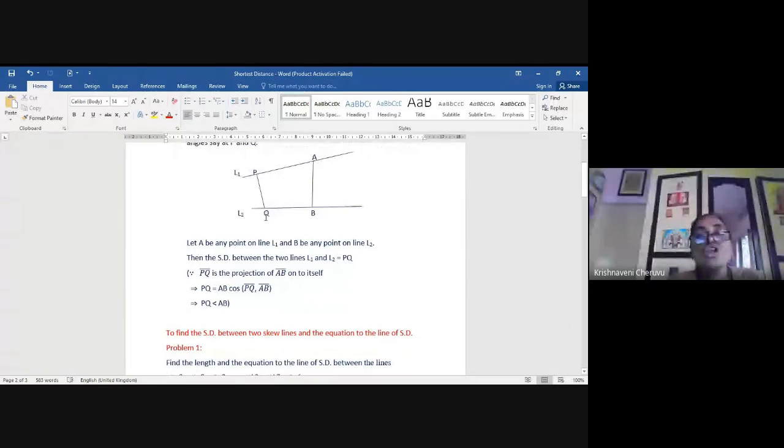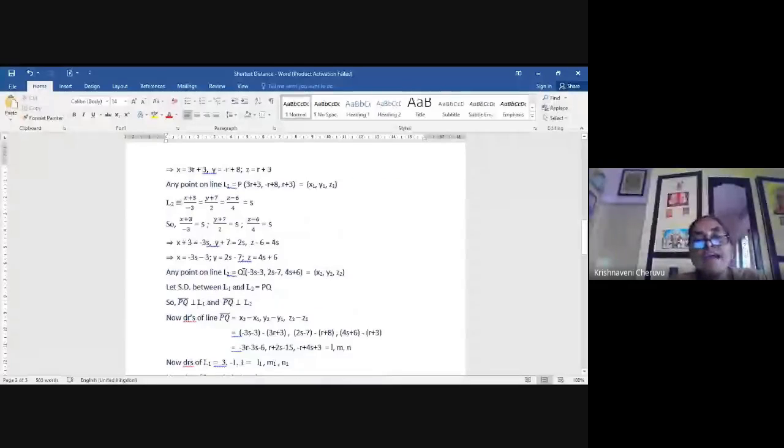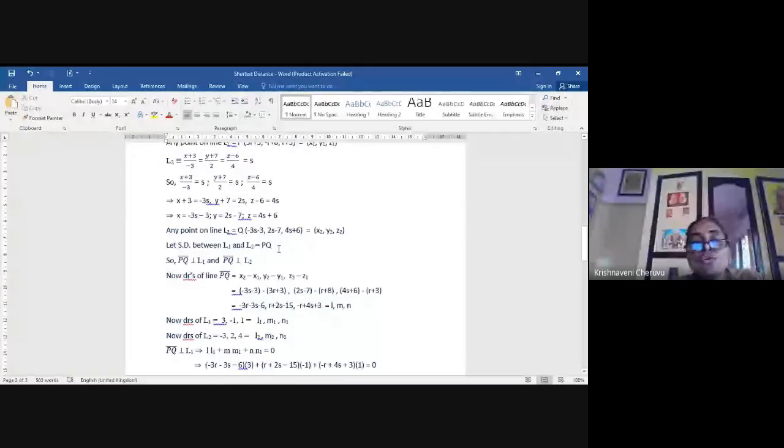Okay, so first step, find a point P on line L1 and find a point Q on line L2, and then you take PQ as the shortest distance. Once PQ is the shortest distance, line PQ is perpendicular to L1, line PQ is perpendicular to L2, girls. Okay, so you use the condition for perpendicularity.